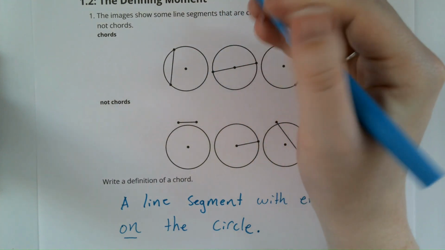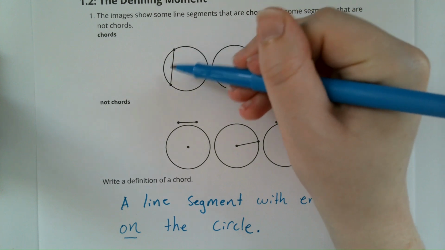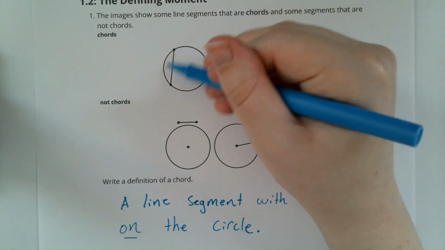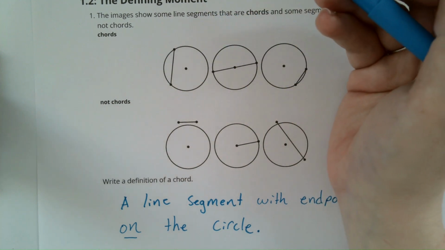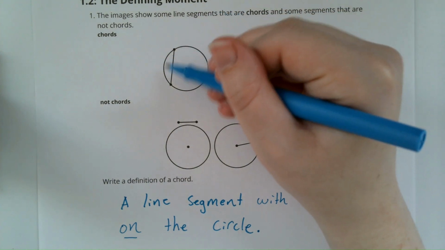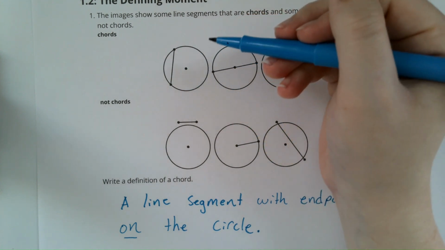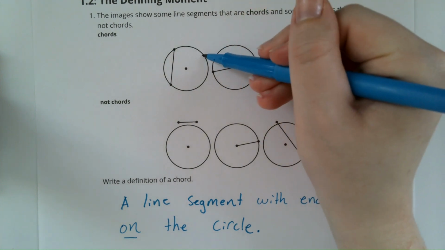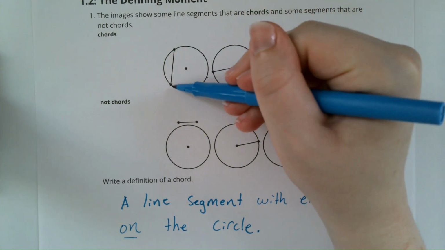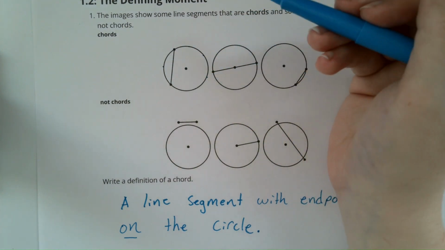You might think, okay, on the circle, this whole thing is the circle, including the inside, but actually the inside is not a part of the circle itself. When we think about the area of a circle, we're really finding the area that is bounded by the circle. So when we say on the circle, we mean on what you might consider the border of the circle, but it actually is just the circle itself.